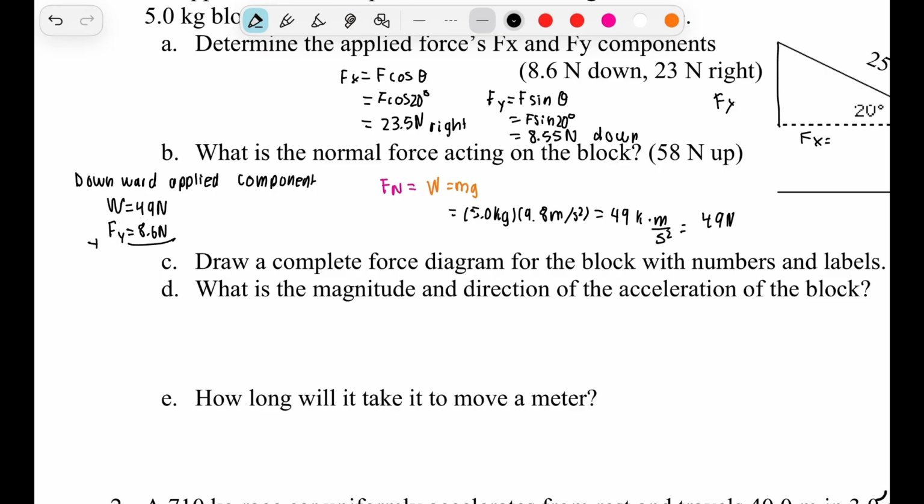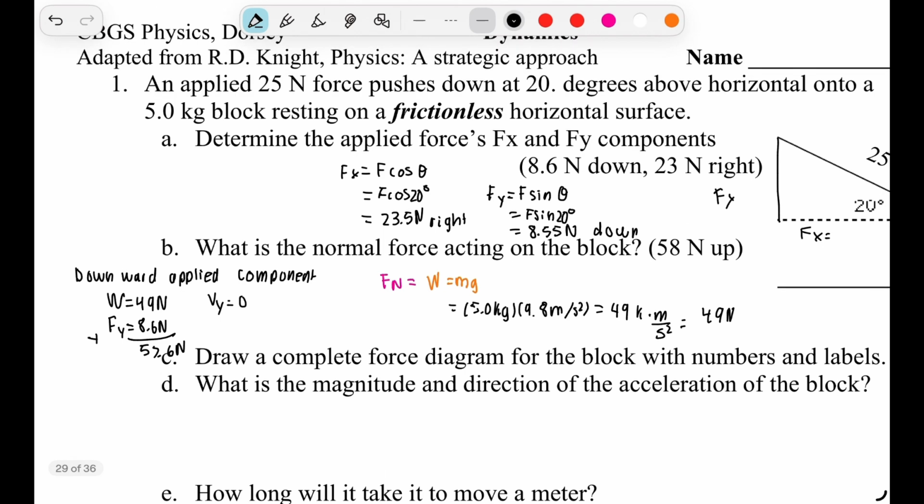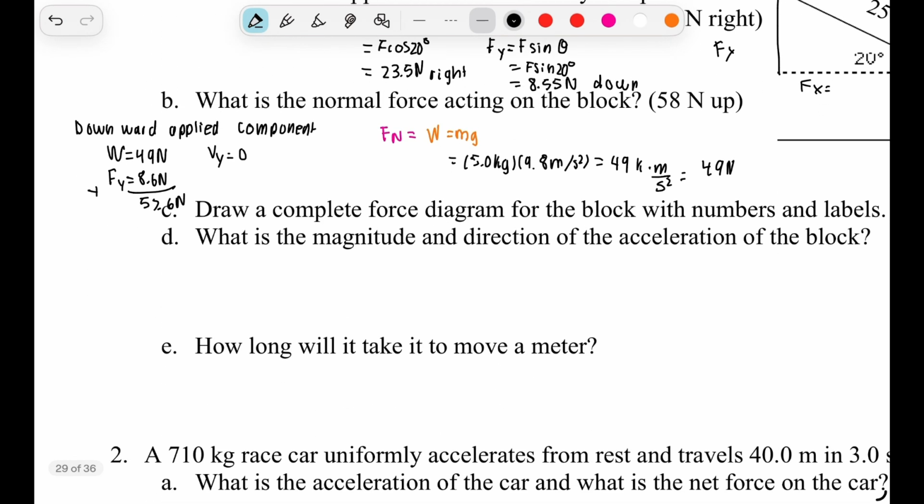So that's going to be 57.6 newtons. And we know that the vertical acceleration is going to equal 0 because it's not going through the surface. So that means that you can write the normal force minus 57.6 is equal to 0. Therefore, the normal force is equal to 57.6 newtons up.